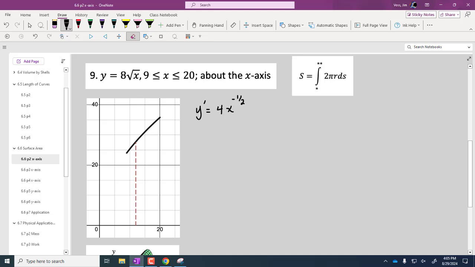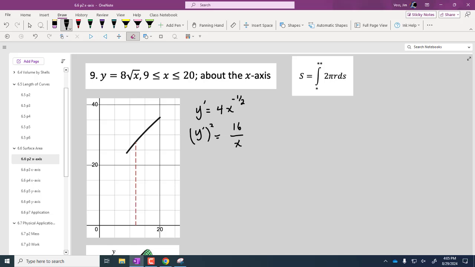So there's the derivative. We need to square the derivative to put it in the arc length formula. So that's going to end up being 16 divided by x. 4 squared is 16. x to the negative 1 is 1 over x, so it's in the bottom. So there is our derivative squared.